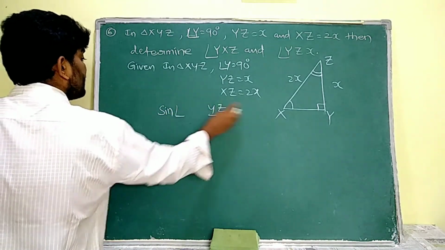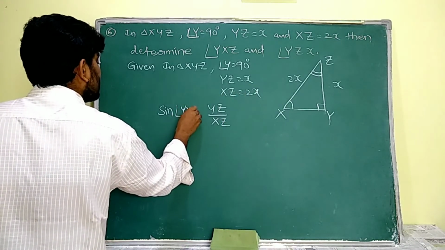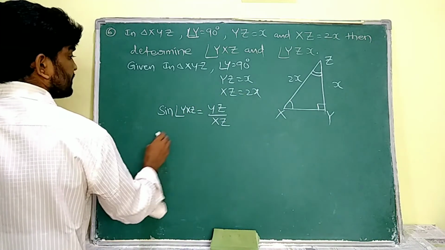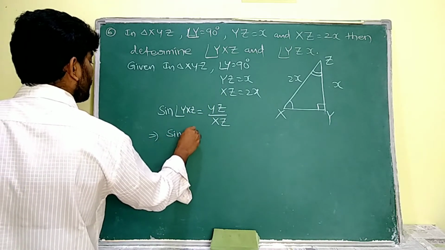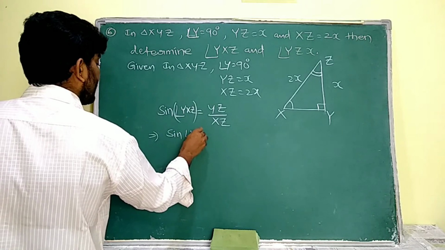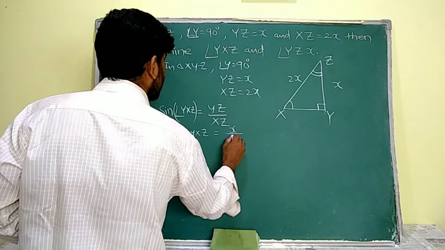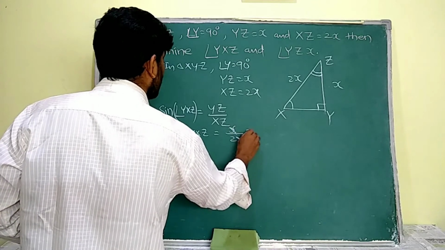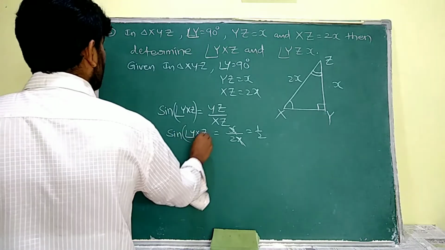So sine of this X, in the sense sine of YXZ, we have to calculate. Sine of angle YXZ is equal to YZ, which is X, over 2X. X and X are cancelled, it is 1 by 2. So sine of some angle is equal to 1 by 2.